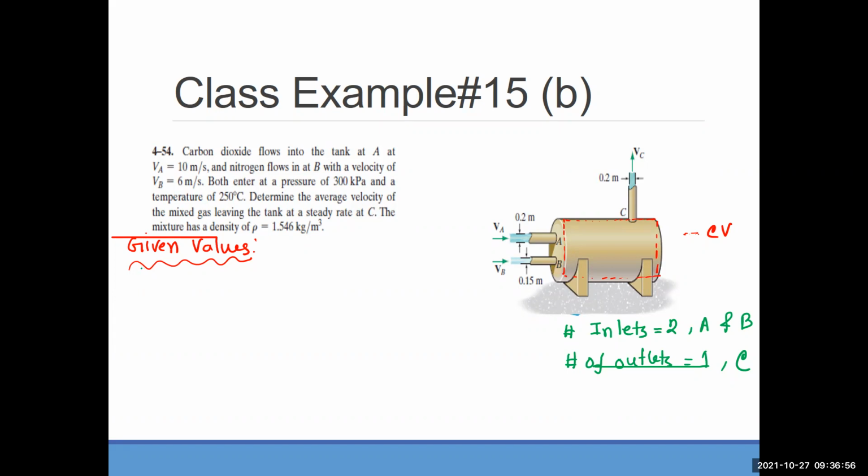So let's write it down. What are the given values? And then we will know what is the unknown we need to find. Okay. So what is the very first thing you know? VA, right? Which is the carbon dioxide, 10 meters per second. What is the next one? VB, which is nitrogen, 6 meters per second. What is the next thing you know?